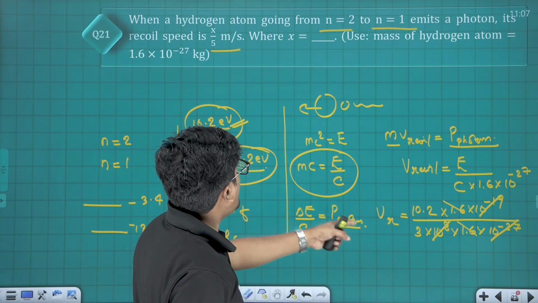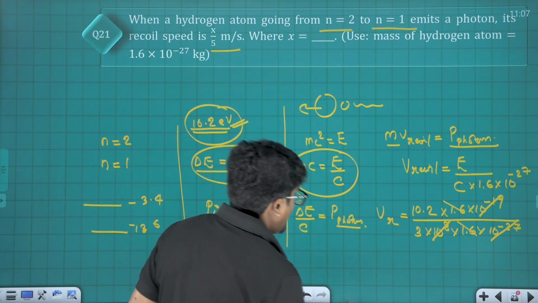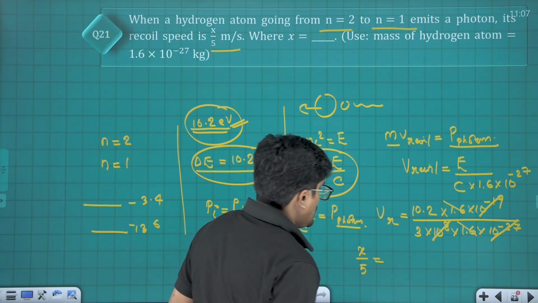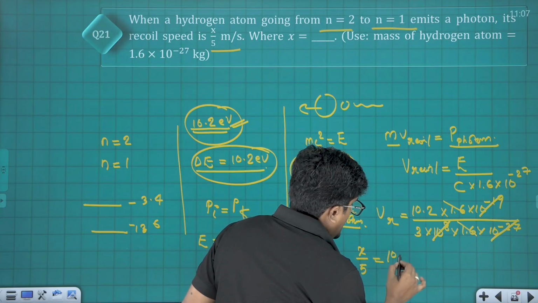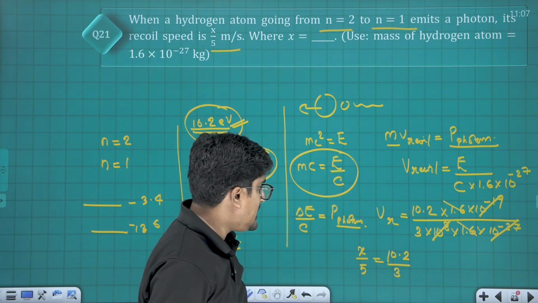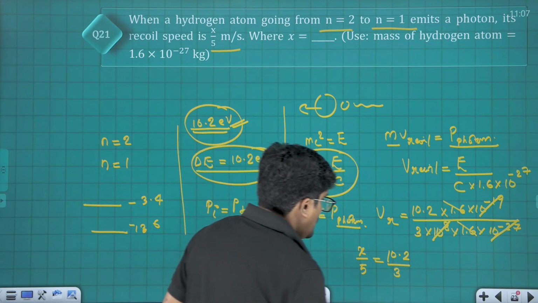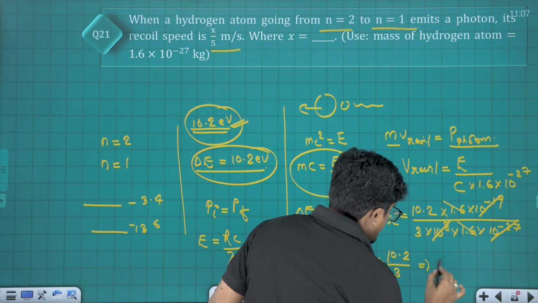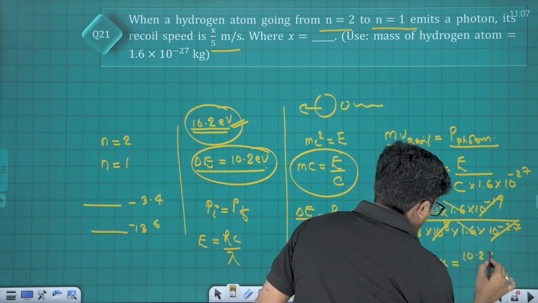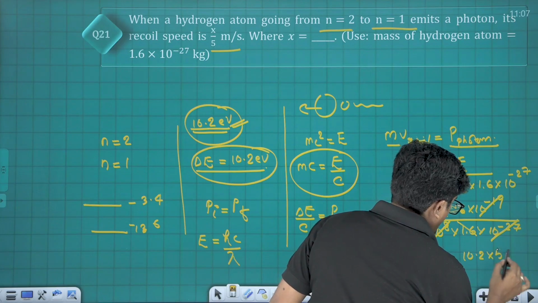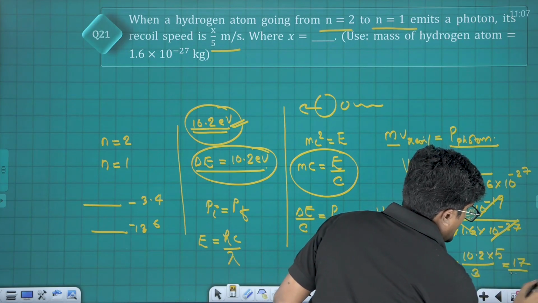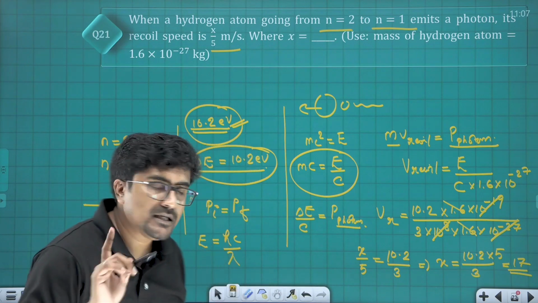So V suffix R is x by 5, which is equal to 10.2 by 3. The value of x is 10.2 into 5 all divided by 3, which gives 17. So the final answer is 17.